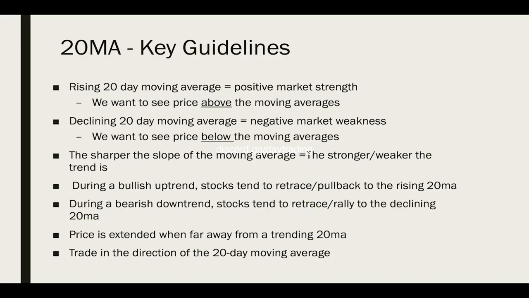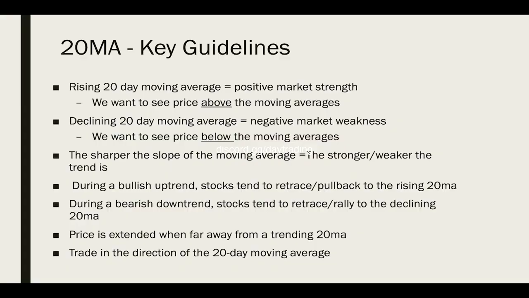So let's talk about some key guidelines. A rising 20-day moving average is indicative of positive market strength, okay? That means it's bullish. There are more buyers than sellers. We want to see price and the candlesticks above the rising 20-day moving average, okay?